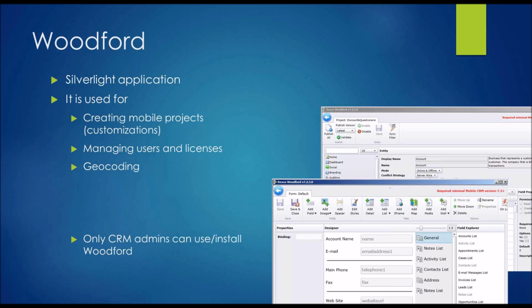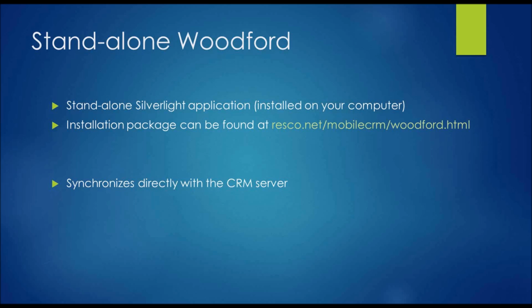What you can also do with Woodford is manage users and licenses, and do geocoding with it. Geocoding means converting address information into GPS information. Just a note, Woodford can only be used and installed by CRM administrators.